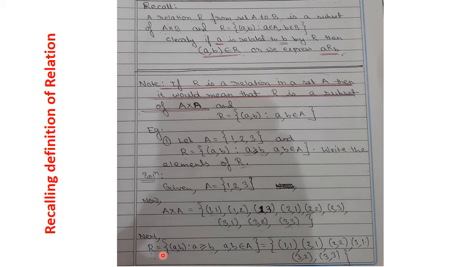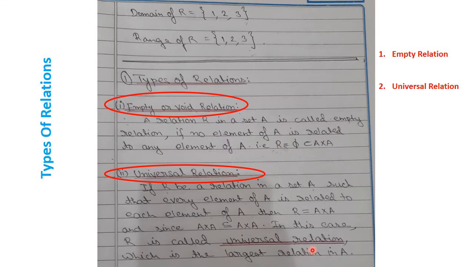So we got the relation R, and the domain for this relation will be the set of all first components of these ordered pairs. So 1, 2, 3, and the range will be the collection of all second components from these ordered pairs. So 1, 2, and 3. So here both domain and range are the same.